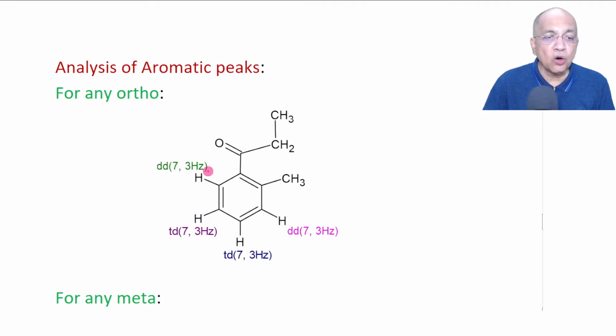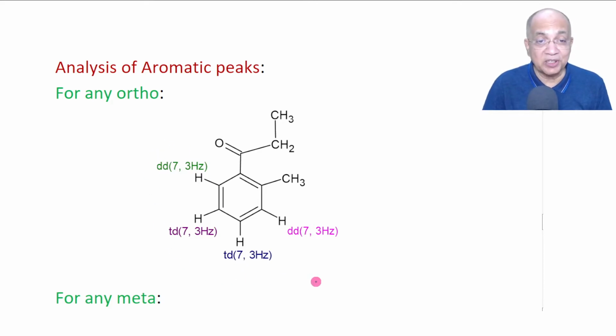And this one also a TD. There are two J3 coupled protons and then a meta, that is J4 coupled proton. It should be a TD, and this one should be a DD with J3 coupled and J4 coupled. So just like this DD, this is also DD, and these two are TDs, right?